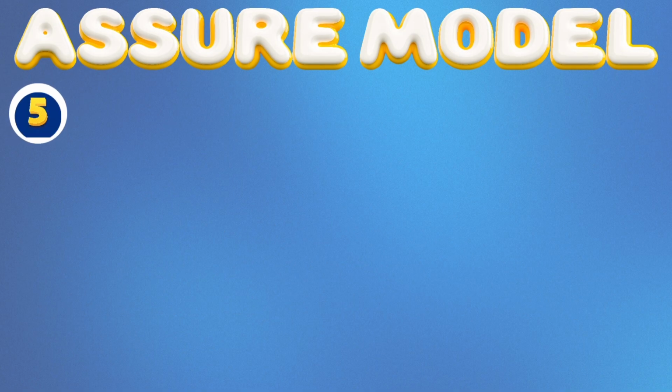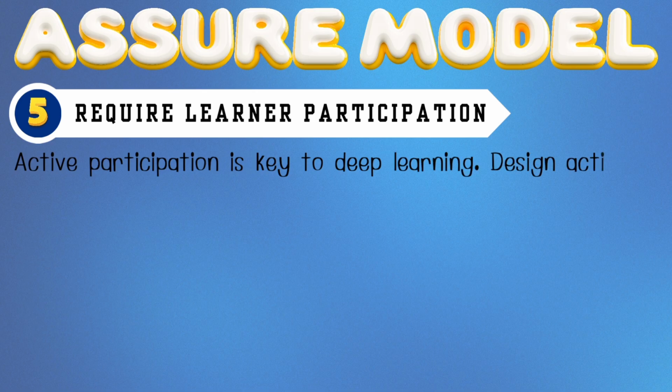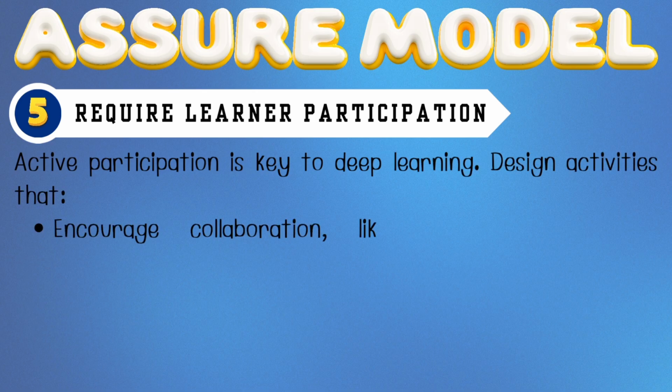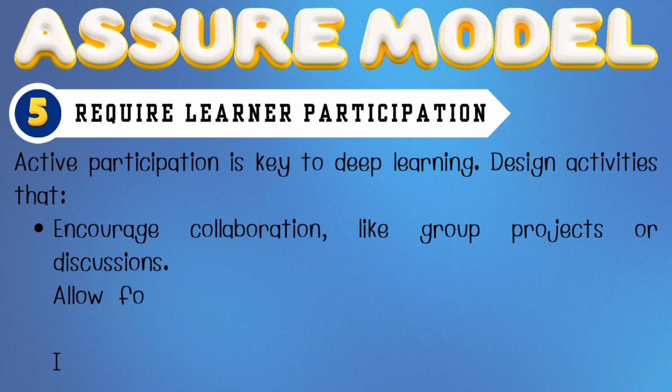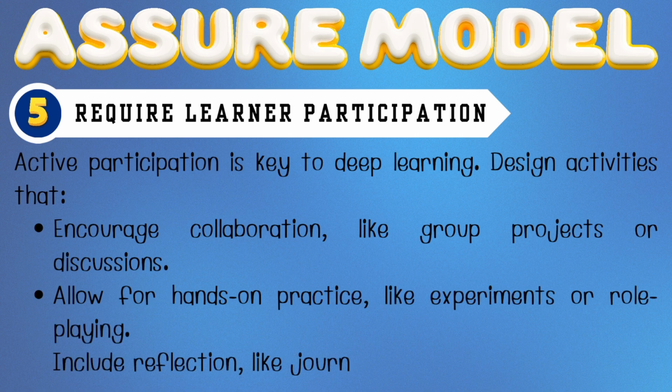And next, we have require learner participation. The lesson should include a variety of meaningful activities for the students to participate in problem solving and critical thinking. This will allow the learner to communicate with the teacher and receive valuable feedback. Active participation is key to deep learning.